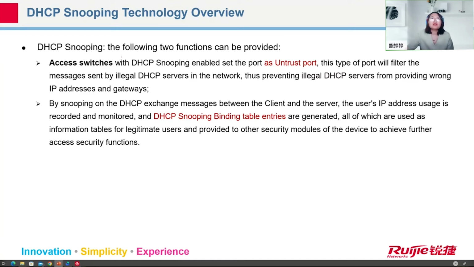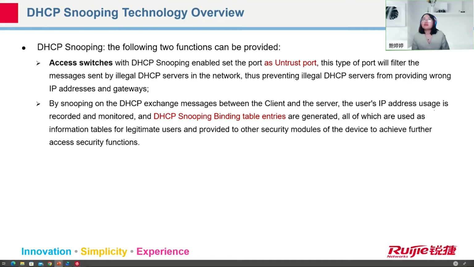If we enable DHCP snooping on the access switch, two types of ports will be added to the switch: one is the untrust port, and the other is the trust port.